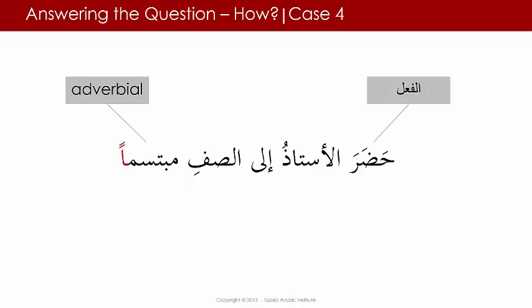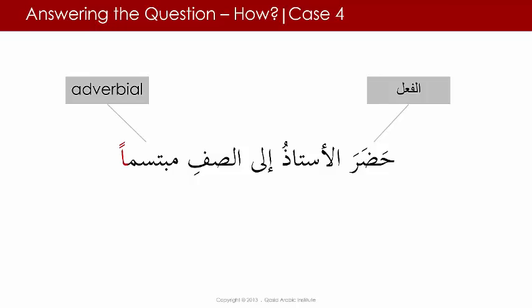This could be an object, or it could be an adverbial of time, or an adverbial of place. But none of those categories work exactly, because here we have حضر الأستاذ, the teacher came to or arrived at the class مبتسما, smiling.